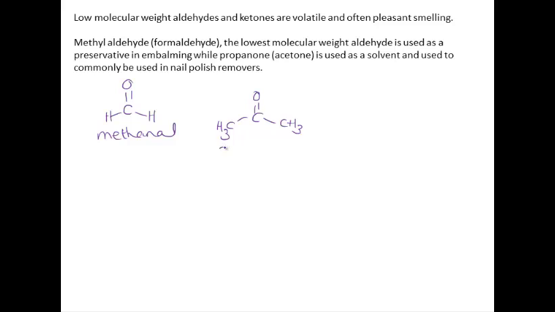It's used as a solvent and is commonly used in nail polish removers. Just have a look at a few other ones to remind us about the naming of these molecules. If we look particularly at the ketones, remember that when we get to 5 carbons we need to add numbers into our name to represent the position of our carbonyl group.